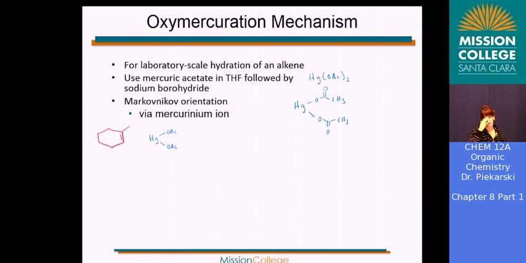So it has the conjugate base of acetic acid connected to it, the acetate. And transition metals are good Lewis acids or electrophiles. They have those empty d orbitals that can accept more electrons. And so the double bond is going to attack the mercury. And when it does that, it kicks off one of the acetates, but then, kind of like the bromonium ion, it comes back and attaches itself to make a cyclic intermediate. So I'm going to make my cyclic intermediate on the top face, so that methyl group is on the bottom.